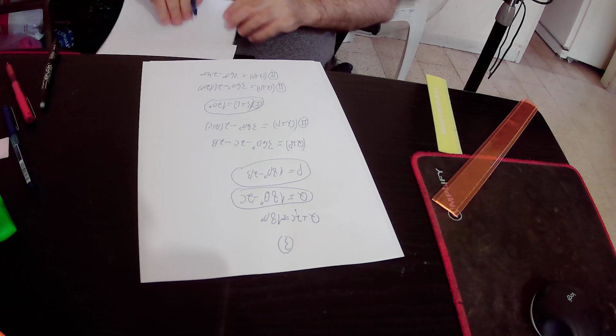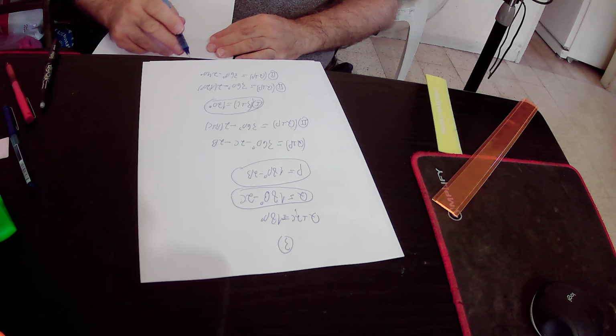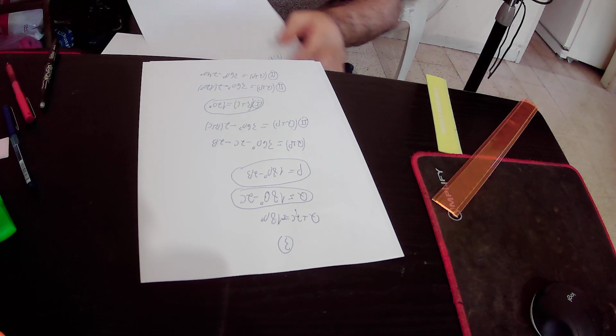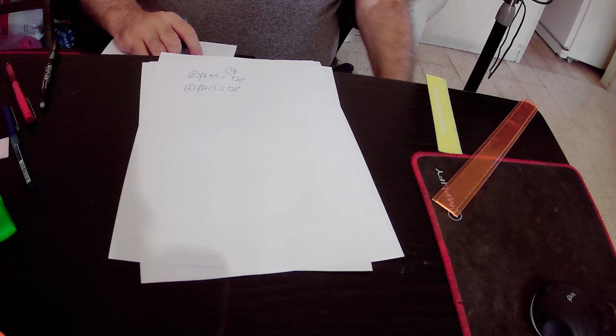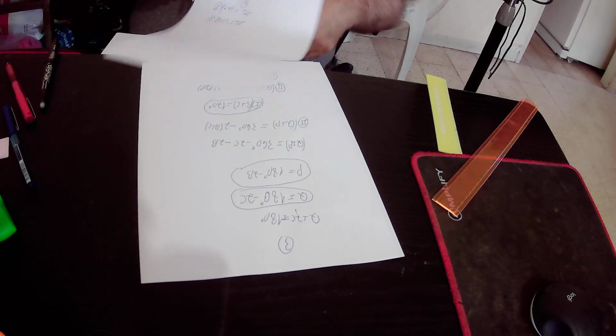So we found out that Q plus P equals 360 degrees minus 240 degrees, which is 120 degrees, and we have already found out that B plus C equals 120 degrees. So we have these two equations: Q plus P equals 120 degrees and also B plus C equals 120 degrees.